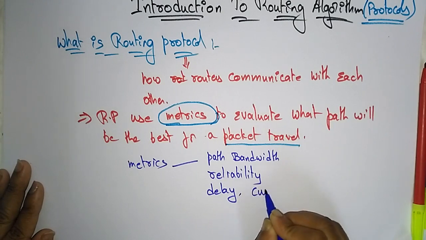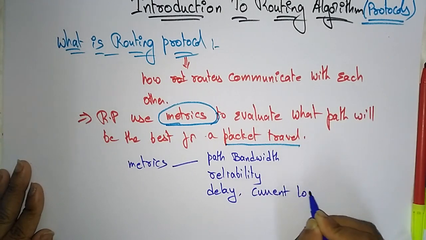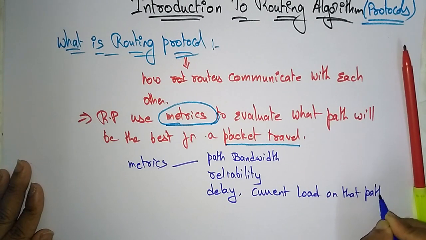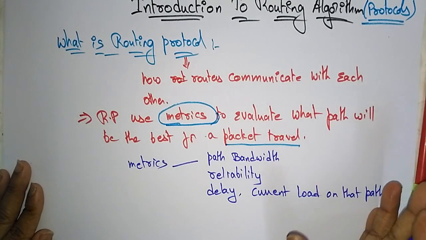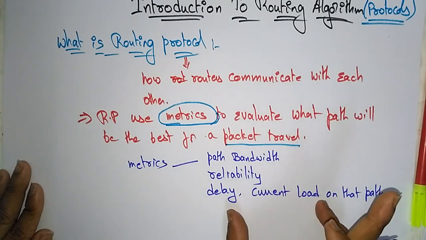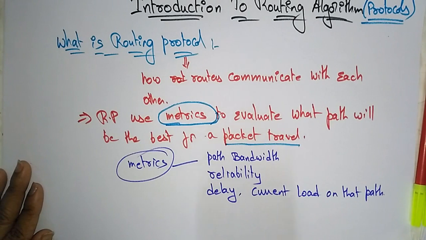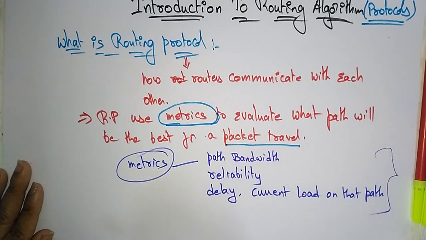The current load on the path also has to be considered. So to evaluate the best path for packet travel, they measure metrics such as path bandwidth, reliability, delay, and current load on that path.